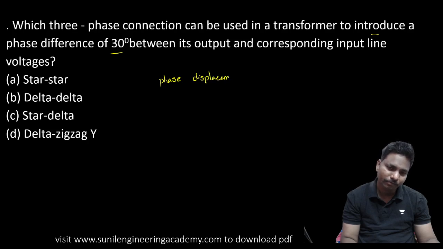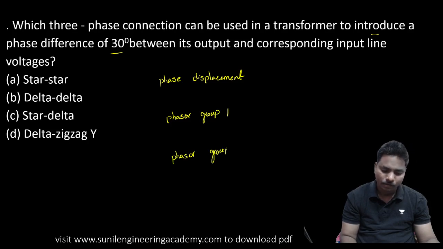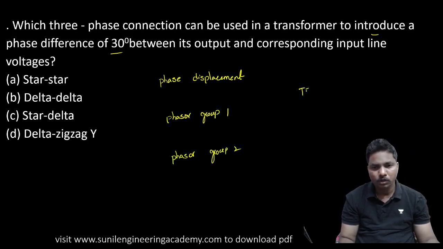Based upon the phase displacement, we have two phasor groups, phasor group 1 and phasor group 2. In phasor group 1, we get a phase displacement of 0 degrees or 180 degrees.